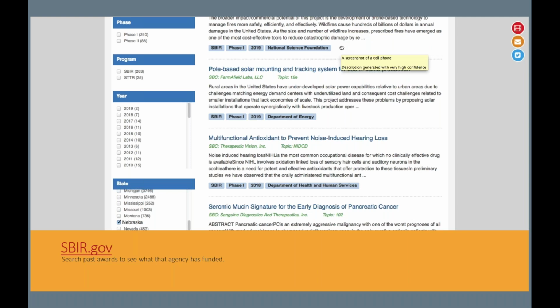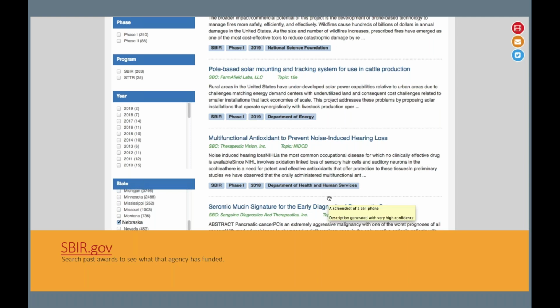With a drone-based wildfire management system, I would kind of think it would be the Bureau of Land Management, BLM, that might fund something like this. But it was the National Science Foundation. So that's where it's worth looking through and using keywords that apply to your innovation to see which agency has funded what in the past.